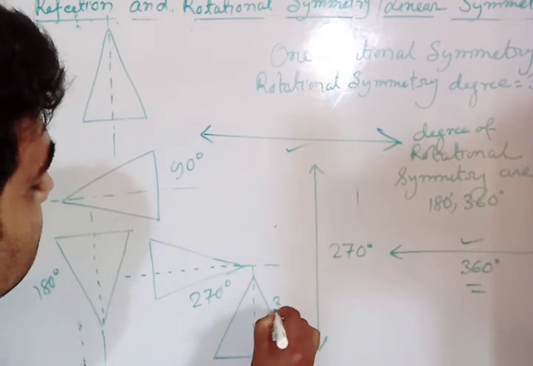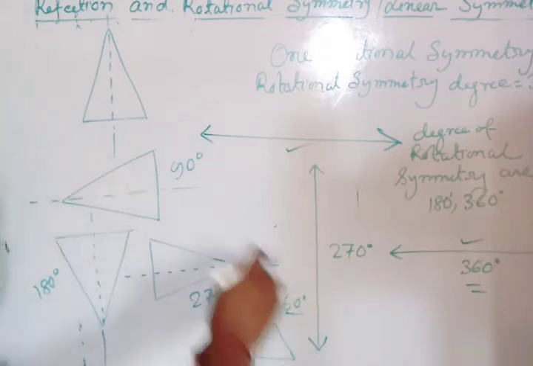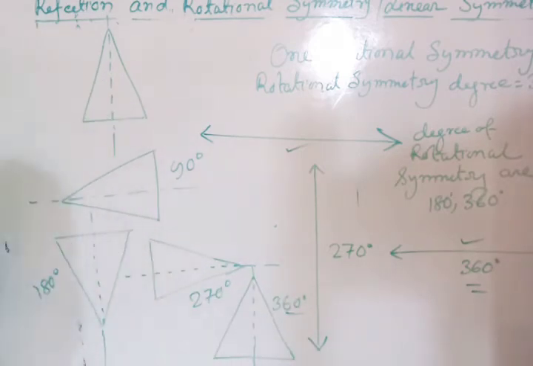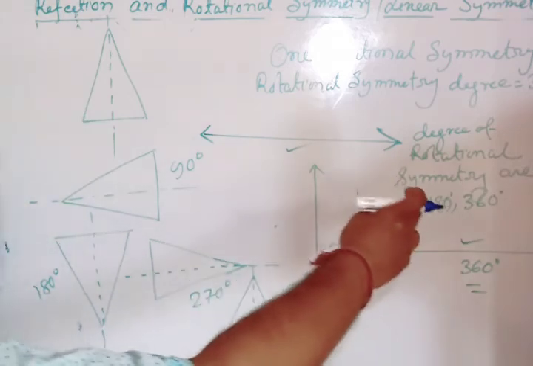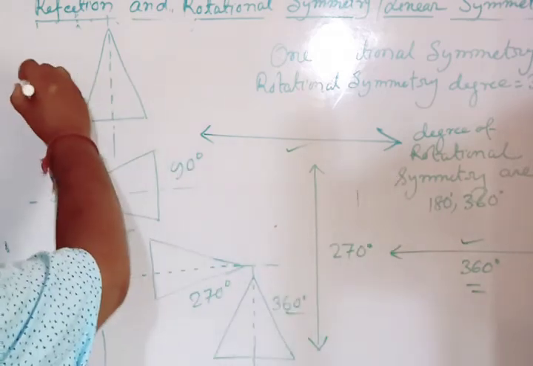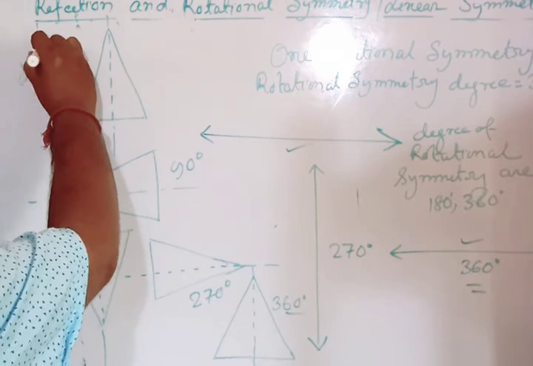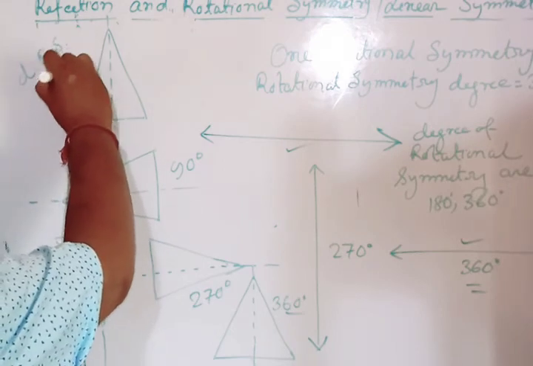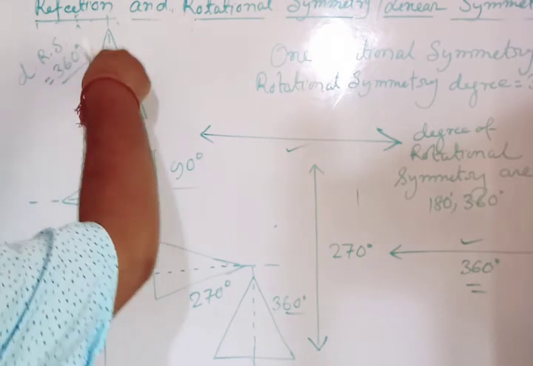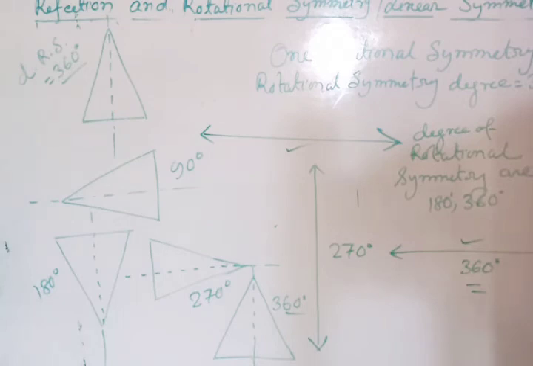This is for 360 degree. So the degree of rotational symmetry is how much? The degree of rotational symmetry is equal to 360 for this particular figure. Understood?